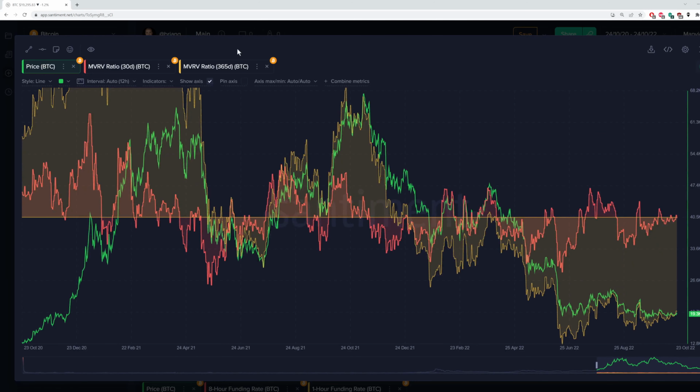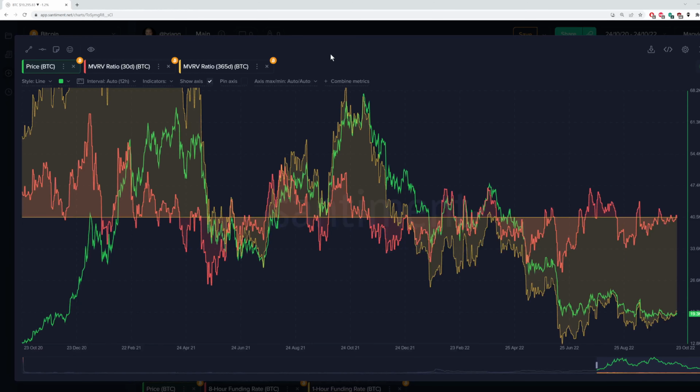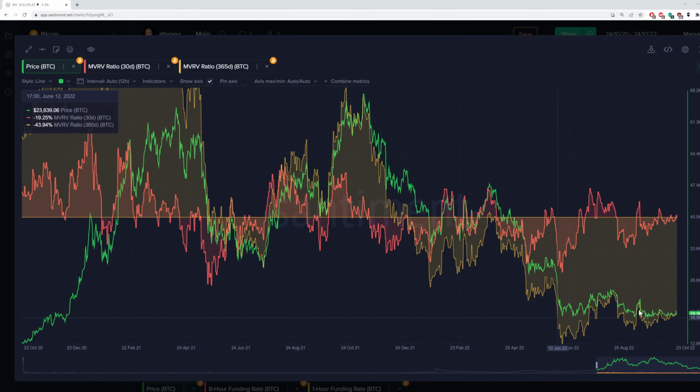Next up, MVRV. So we have the 30-day and the 365-day MVRV here. This shows the average trading returns of short midterm traders and long-term traders over time. Generally, the lower MVRV is, the more likely or probable a price can rise over time.